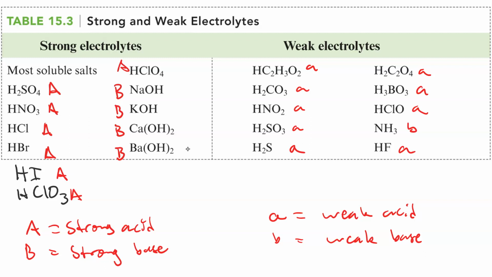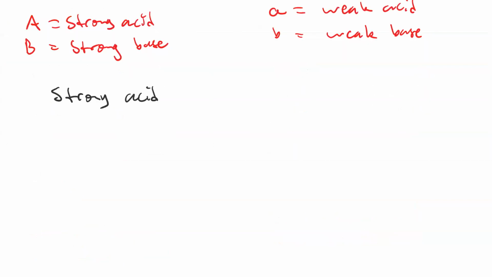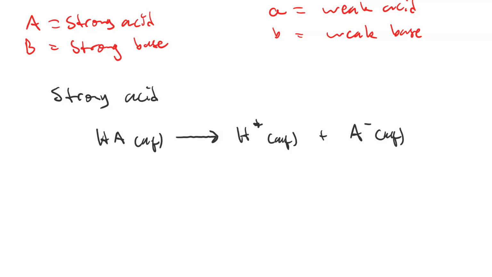And the way you tell the difference in a chemical equation is the kind of arrow you use. For the ionization of a strong acid, you have your acid HA(aq) on one side, and a single-headed arrow to make H+(aq) and A-(aq) on the right-hand side. For a weak acid, the equation looks almost identical.